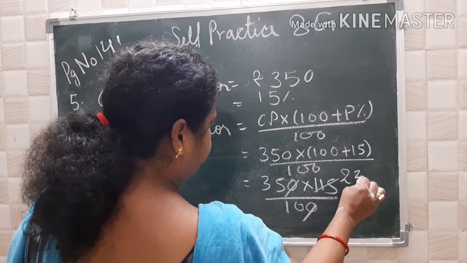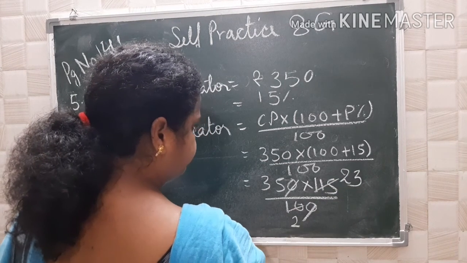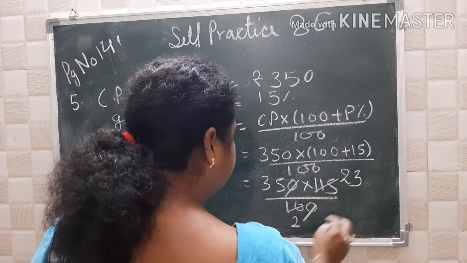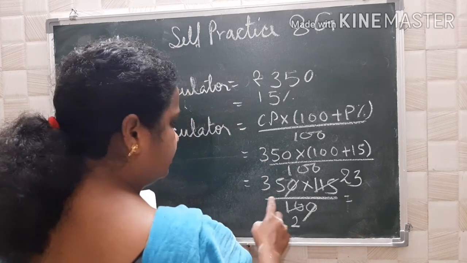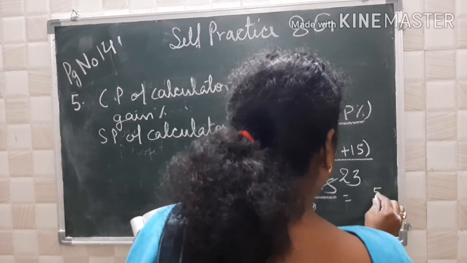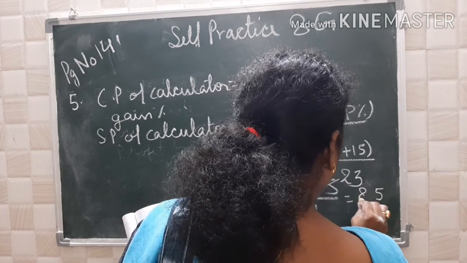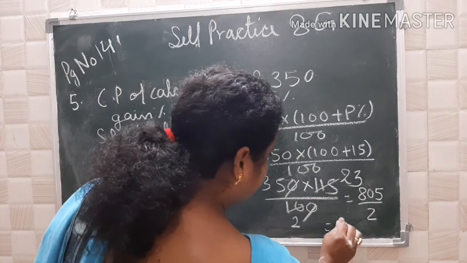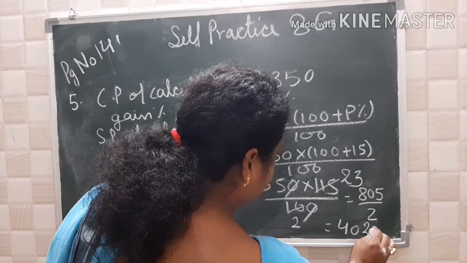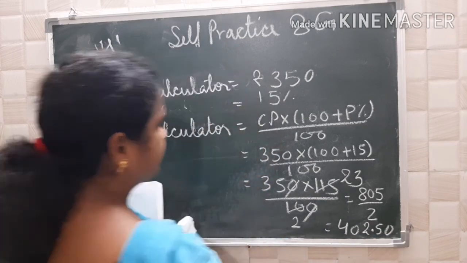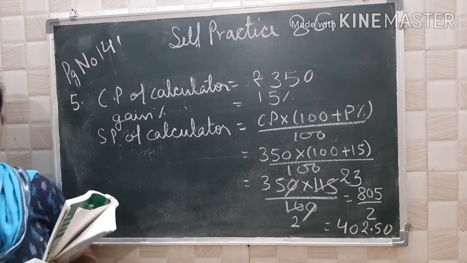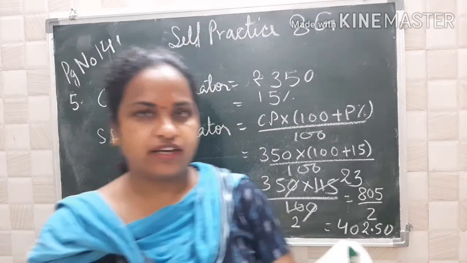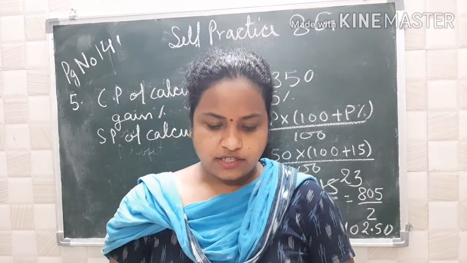Now 35 3s are 105, 35 2s are 70, 80 upon 2, that is equal to 402.50. So what will be the SP of the calculator? Rupees 402.50.